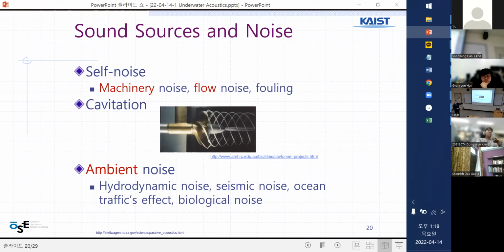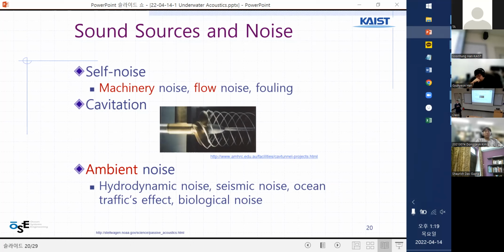And cavitation is the same. In underwater, the temperature can be, say, 10 degrees Celsius or 15 degrees Celsius. But if the pressure is very low, then it can create bubbles, same as boiling. That is the cavity created by low pressure. But it's a local phenomenon, not everywhere.